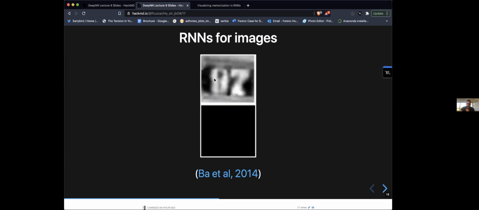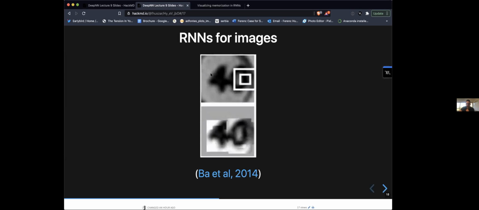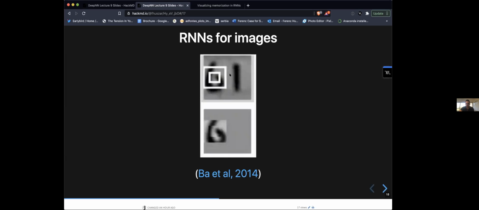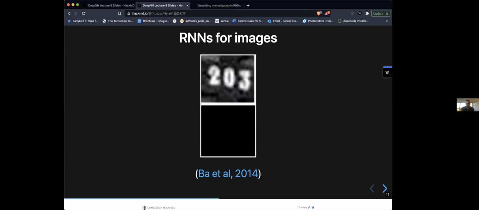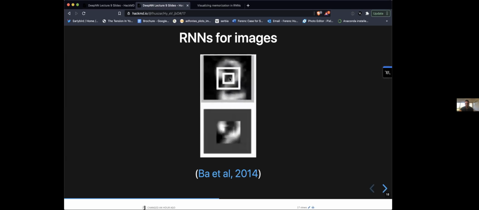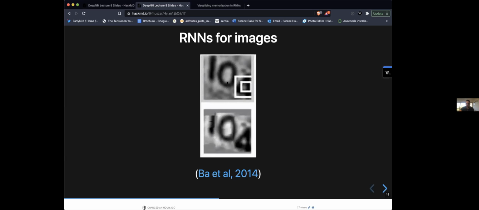And in this case, in this paper where they were using RNNs for image classification, they were looking at sequentially focusing on different parts of an image and then integrating information from these different parts of the image in order to come up with a final prediction.